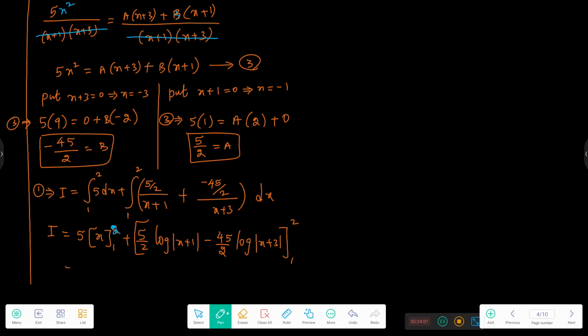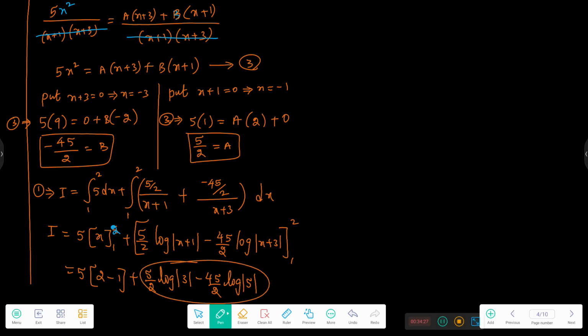Now apply the limit. 5 into (upper limit 2 minus lower limit 1), plus 5 by 2 log of (x + 1). X value, upper limit 2, so 2 + 1 is 3. Minus 45 divided by 2 and log of (2 + 3), 5. This is the upper limit.